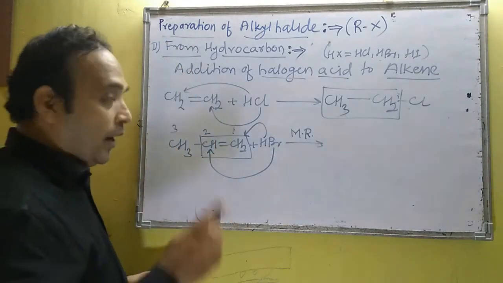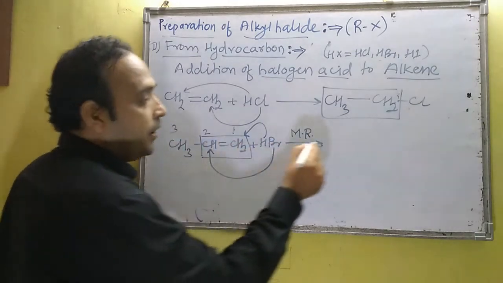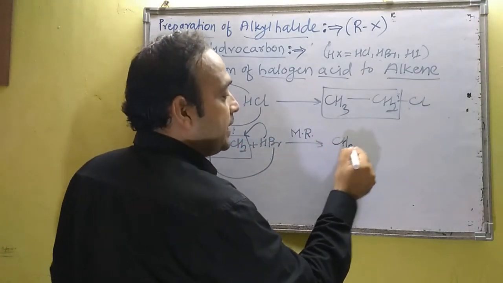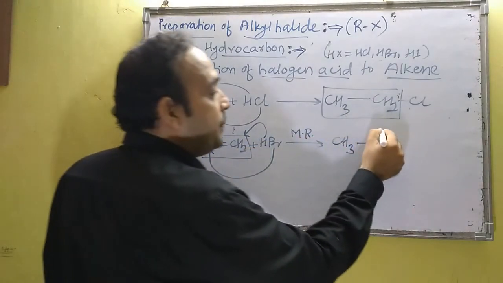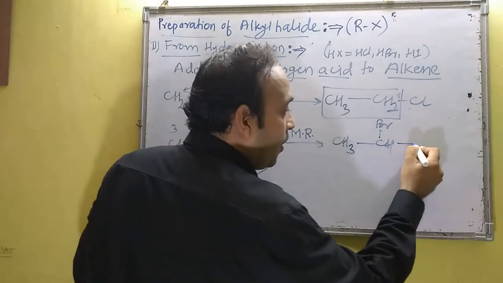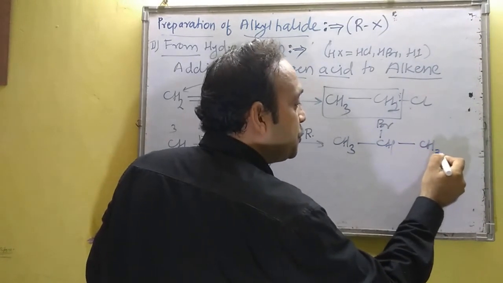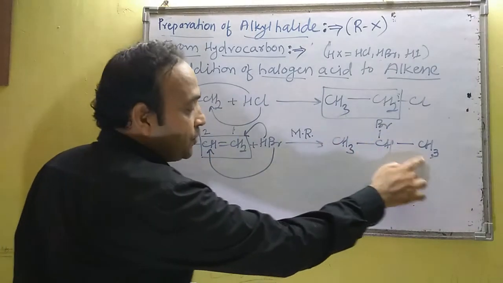So according to this, my product is CH3 single bond, CH with Br attached there. The double bond converts into single bond and CH2 converts into CH3. How does this CH2 convert into CH3?